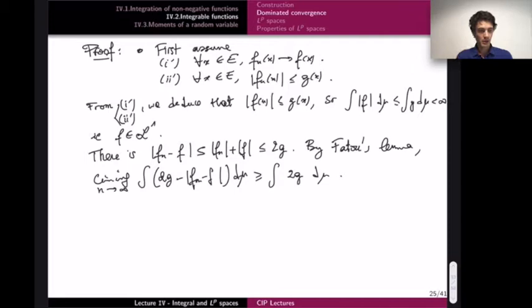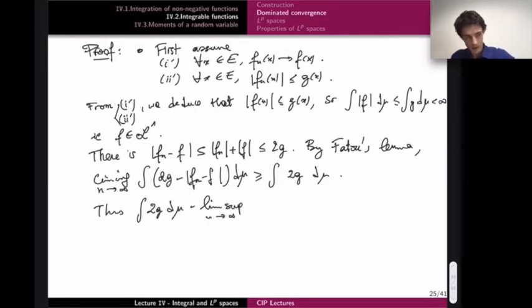Okay, and now what follows is that the integral of 2g dμ minus the lim sup, as n goes to infinity, of the integral of |fn - f| dμ is greater than the integral of 2g dμ.